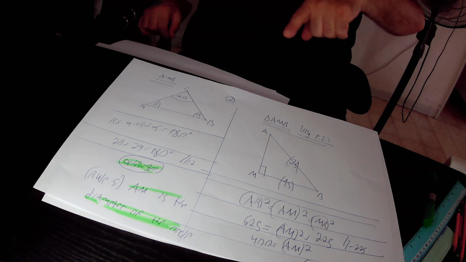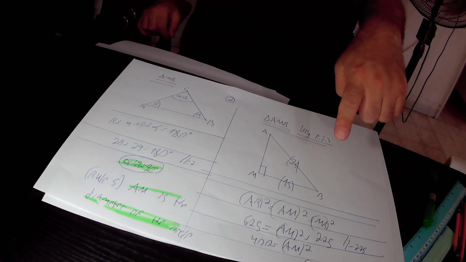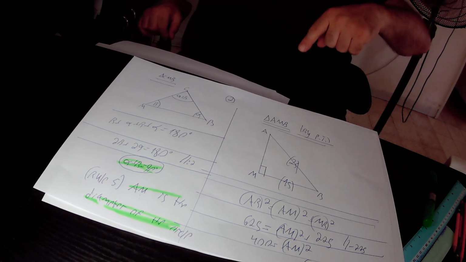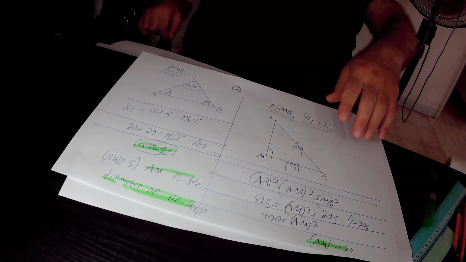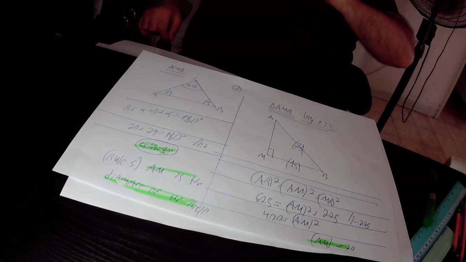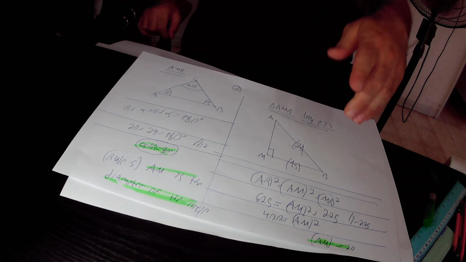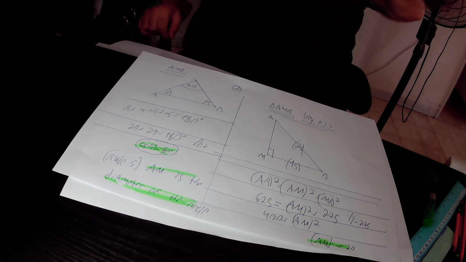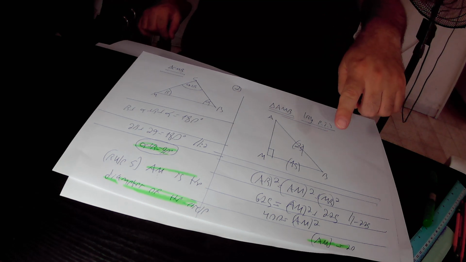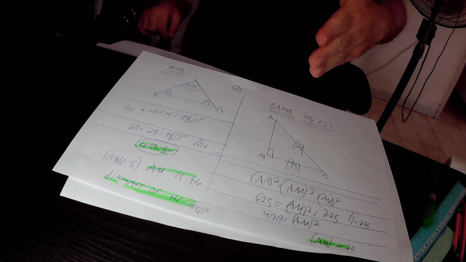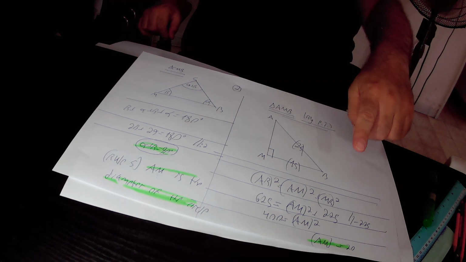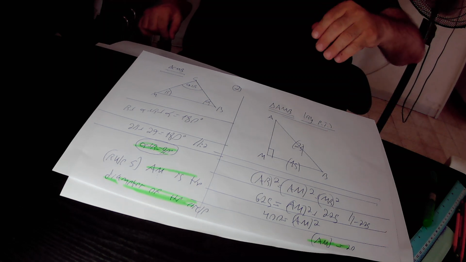So in conclusion, 625 equals AM squared plus 225. Here we subtract 225 from this equation, and we find that 625 minus 225 is 400, so 400 equals AM squared. Here we took the root of this equation and found that AM equals the square root of 400, that is 20. So AM equals 20 units in length.